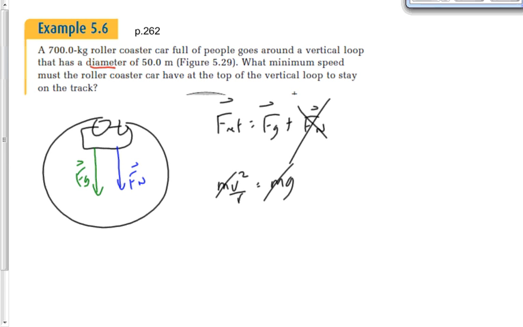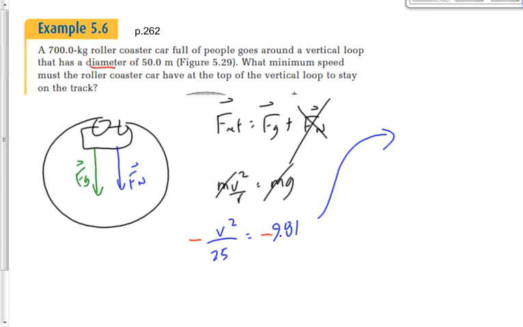Let's plug some numbers in here. The speed of this roller coaster car is, that's what we're looking for actually. The radius is 25 meters. g is 9.81. Now we're going to stick a negative in front of both of these because when you're at the top of the circle, of course, gravity is down, as is the centripetal force down. As it turns out, because it's in both terms, you could actually cancel the negatives and just make it positive. Okay, we're going to put them in there because we want to be consistent. Every time it's down, we make it negative.